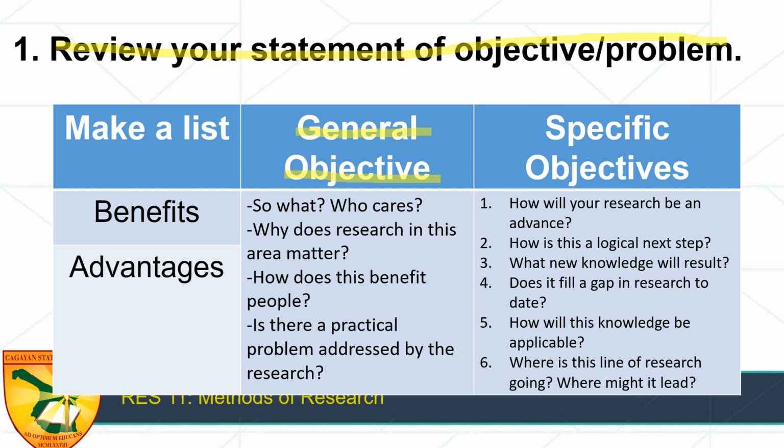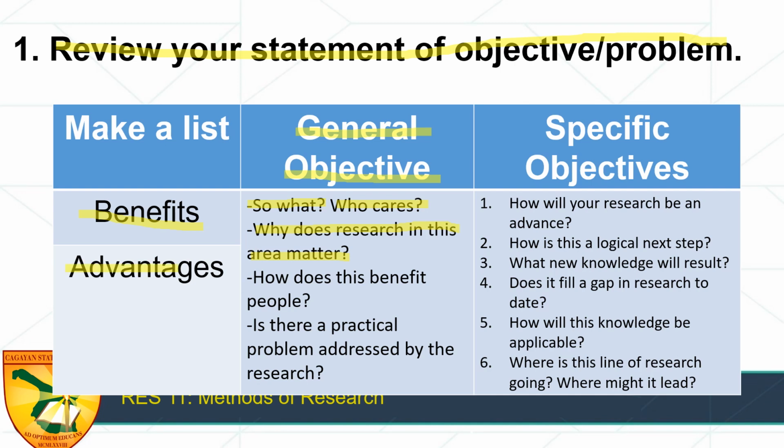So, what are the benefits of this? So what and who cares about non-fully immunized children? So why does this research in this area matter? Why is it important to do research involving indigenous peoples? Why is it important to do research involving childhood vaccination?